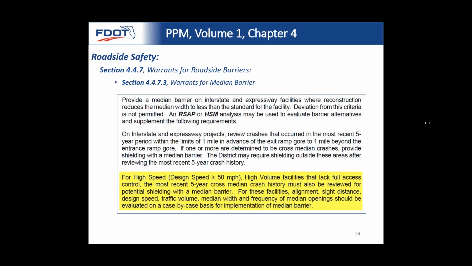One question is, where can we find specifics about breakaway criteria or breakaway approved objects? Okay, well, that was one of the areas that we improved on in the new PPM. I didn't really cover it here.